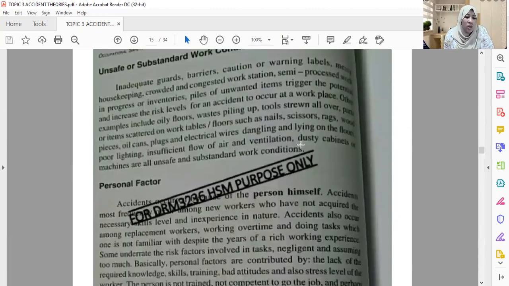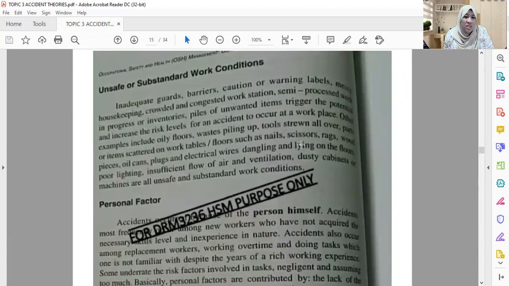Okay, and then we do have also the unsafe or substandard work conditions. So as you can see in here, inadequate guards, barriers, caution or warning labels, messy housekeeping, tak pun implement pun 5S tu, crowded and congested workstations, semi-processed work in progress, or inventory piles or unwanted items trigger the potential and increase the risk levels for an accident to occur at the workplace.